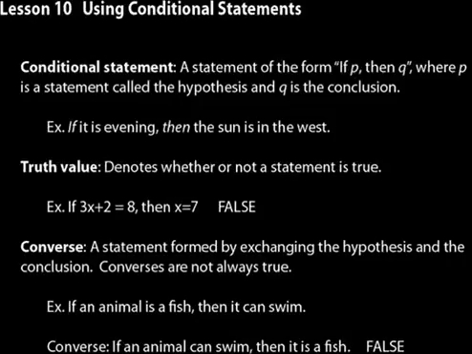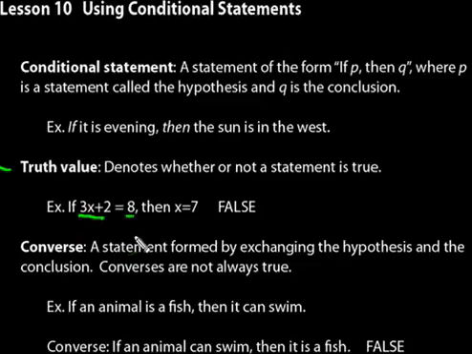Now, one reason we use conditional statements is that it helps us understand whether something is true or false, so we use something called the truth value, which denotes whether or not a statement is true. Look at that example there. If 3x plus 2 equals 8, then x equals 7.